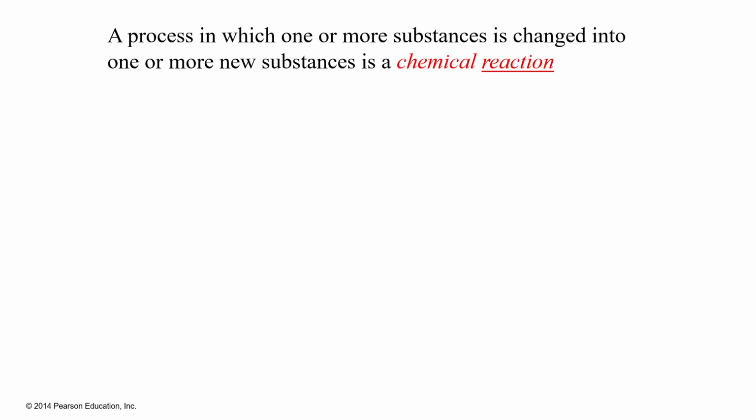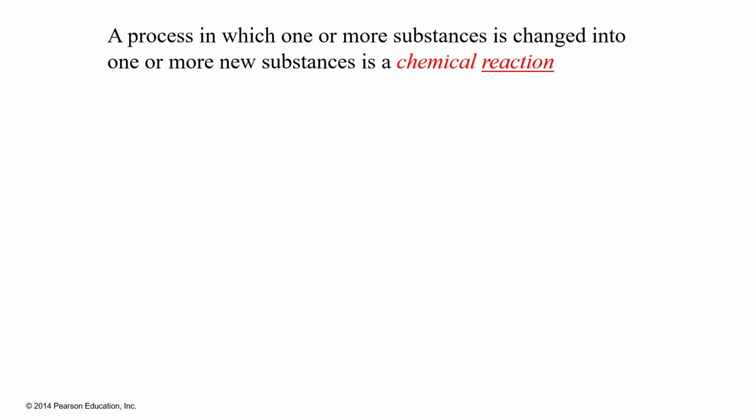So a chemical change, as we've seen before, is one in which the identity, the composition of substances changes. Now, a chemical change may consist of a single or multiple processes. A process in which one or more substances is changed into one or more new substances, we call a chemical reaction.